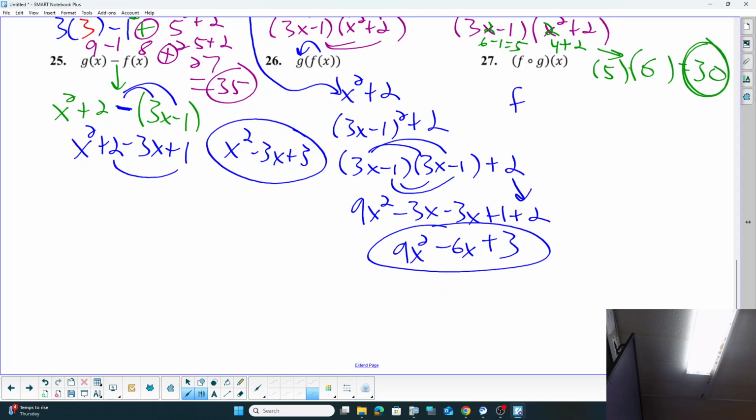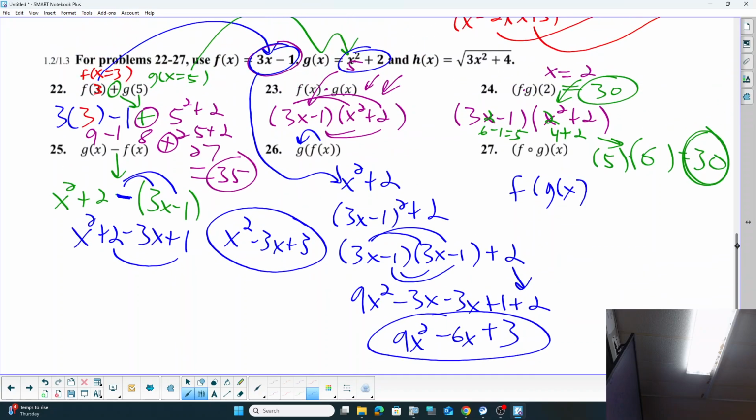f of g is the same as f of g of x. So this time we're taking g, which is x squared plus 2, and plugging it into f, which is 3 times x, where x is now gone, and in its place is the x squared plus 2. Remember how to do that?